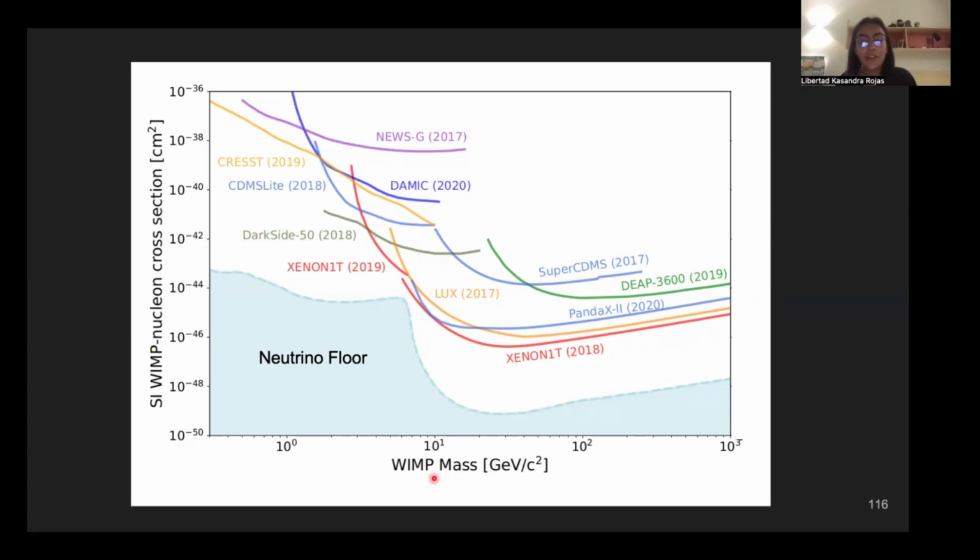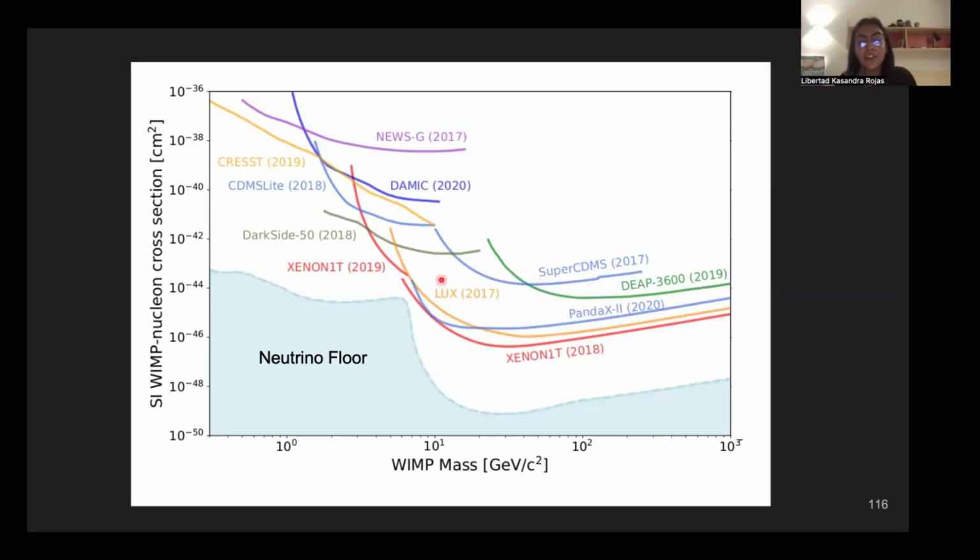Remember at the beginning I mentioned the WIMPs are in the giga electron volt scale in terms of mass, but they're in a range. So depending on where specifically you want to detect, you create different types of experiments tailored to that kind of WIMP particle. Okay, so the SuperCDMS is right here.